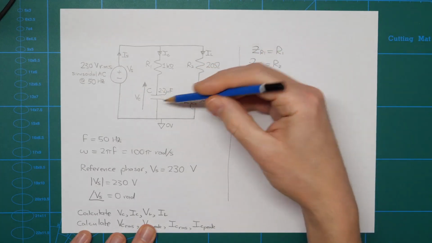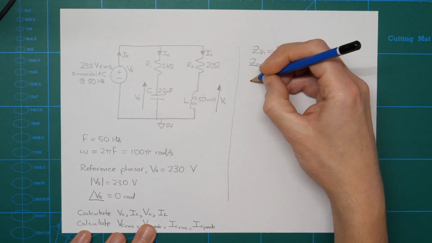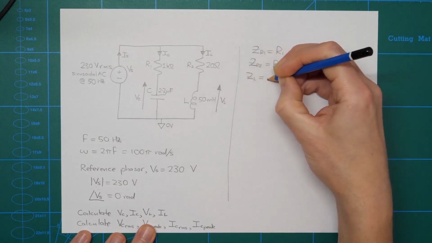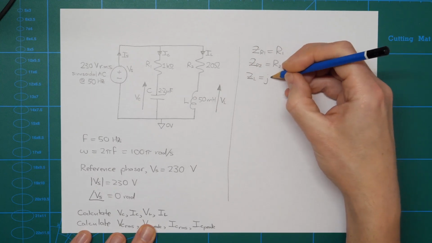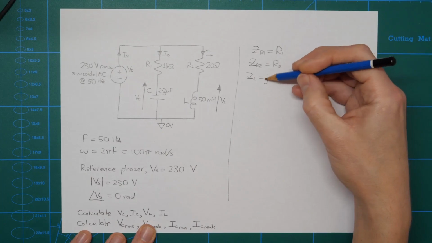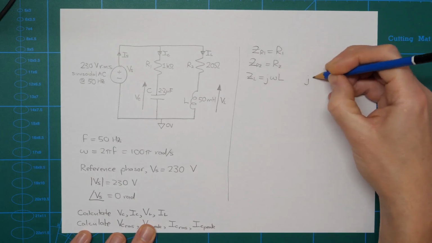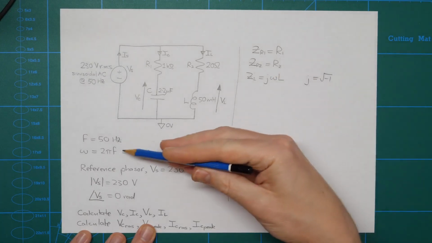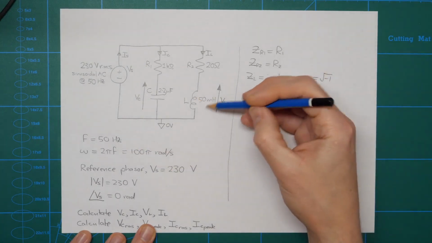It's a different story for the capacitor and the inductor, so I'll do the inductor first. We'll call it ZL, and the impedance of an inductor is equal to j times omega times L. Here j is the square root of -1, the imaginary unit, omega is our angular frequency, and L is the actual value of the inductance.